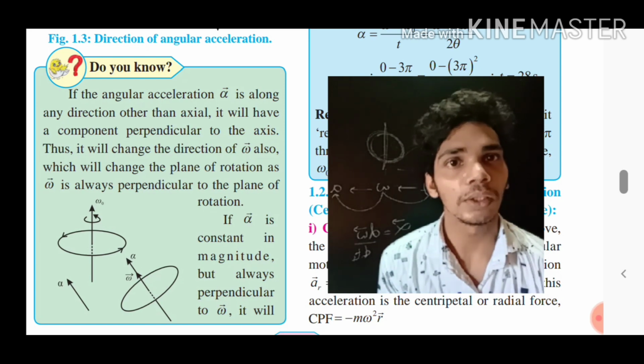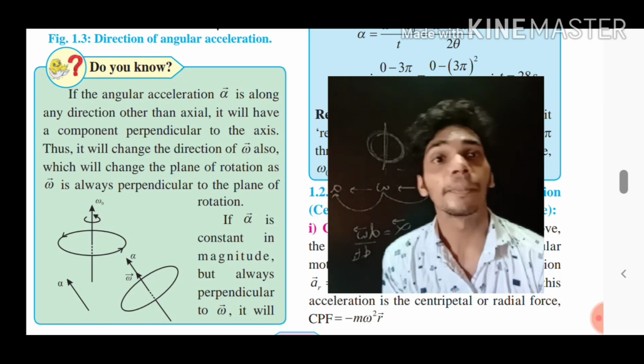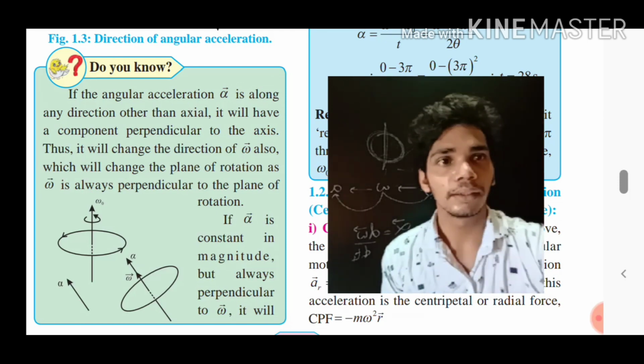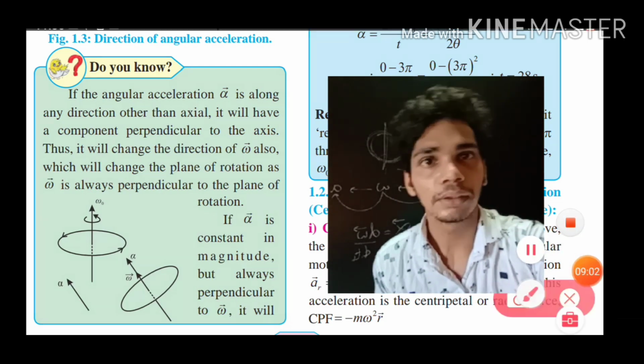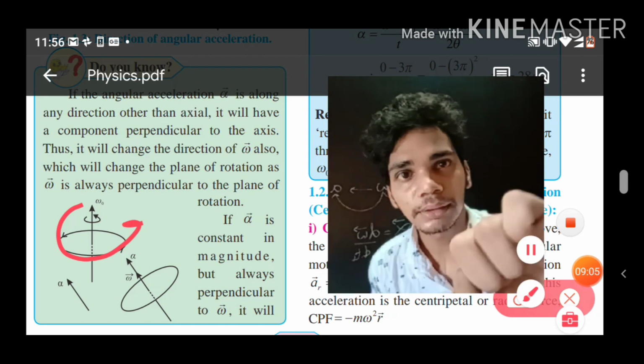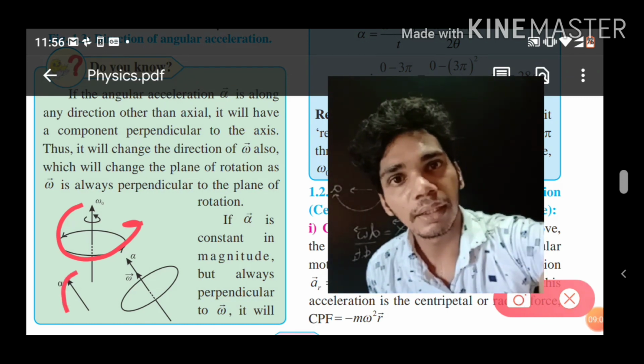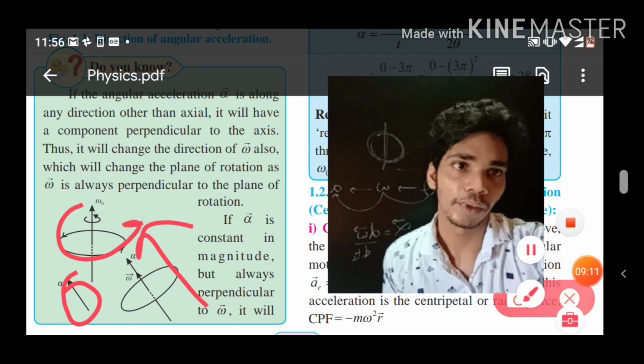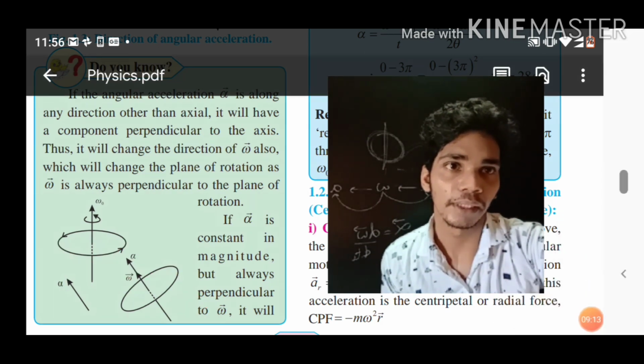If alpha is constant in magnitude but always perpendicular to omega, see, here they have given a diagram as well. If rotation is like this, it's okay, but when you talk about alpha, it's actually perpendicular in direction. So you have to understand in that manner.